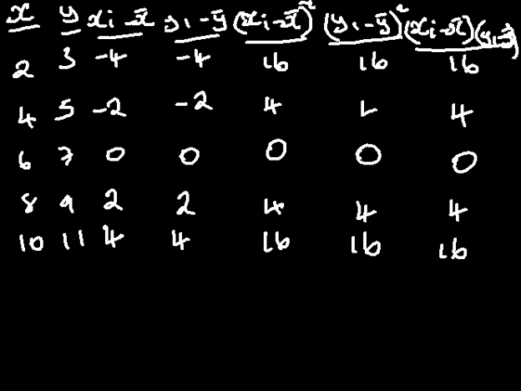And from there, what you should understand is that we should have the summation of this column. That is 16 plus 4, that is 20. And also we have 40, that is the summation of this column. And we should also have the summation of this column.